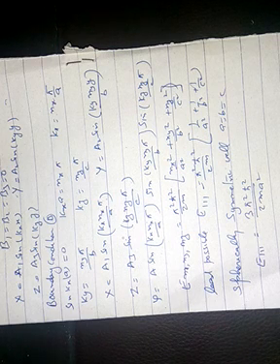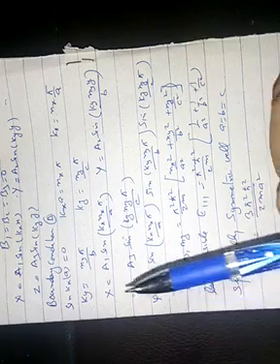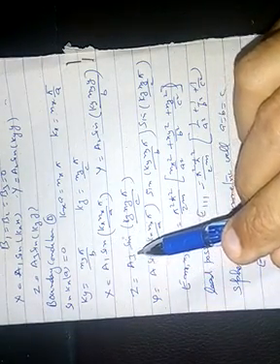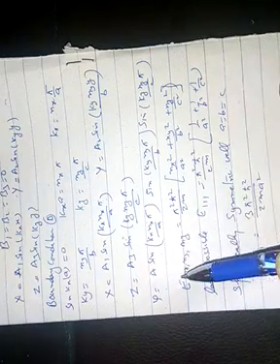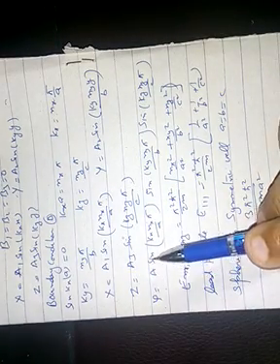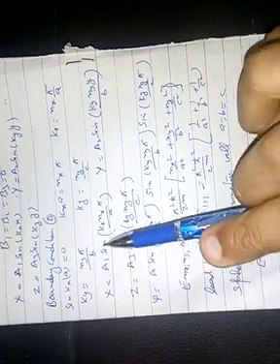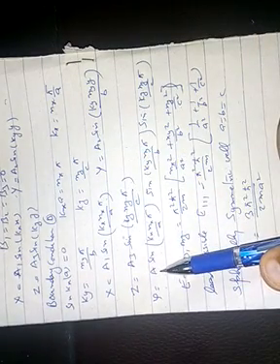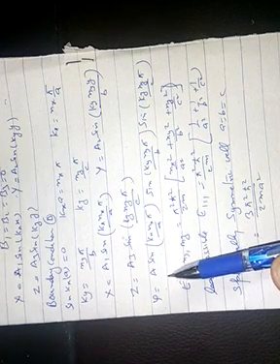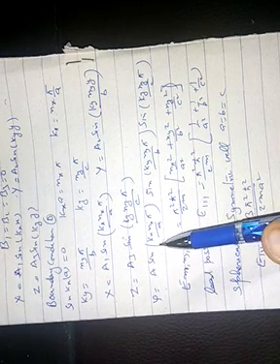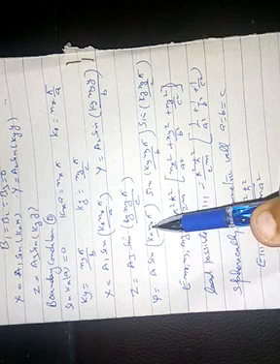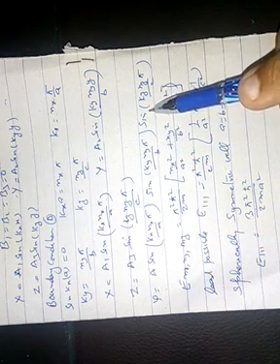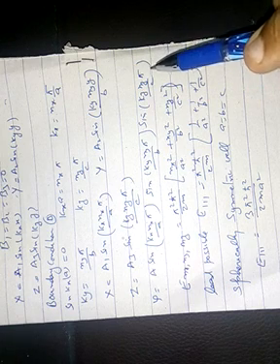Now substituting these values in psi is equal to capital X into capital Y into capital Z, we get psi is equal to a1 into a2 into a3, which I have taken as a. So psi is equal to a sin nx pi x upon a, sin ny pi y upon b, sin nz pi z upon c.